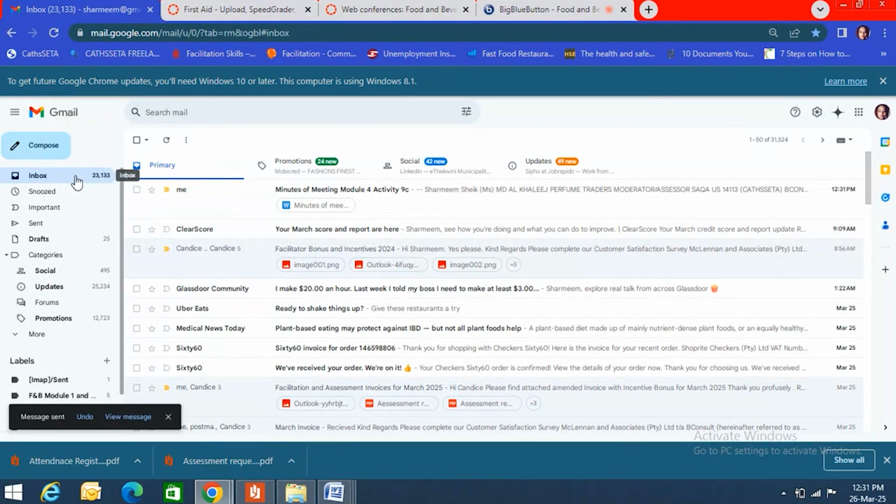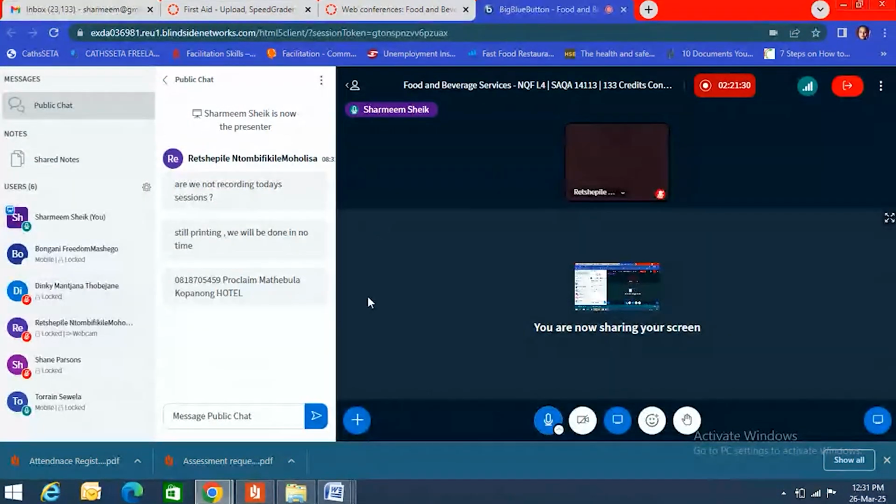Okay, let me go and open it on my phone so I can send it to you guys. So what you can do is either send it to your own emails and open it on your computers or whatever, and print it out, attach it.